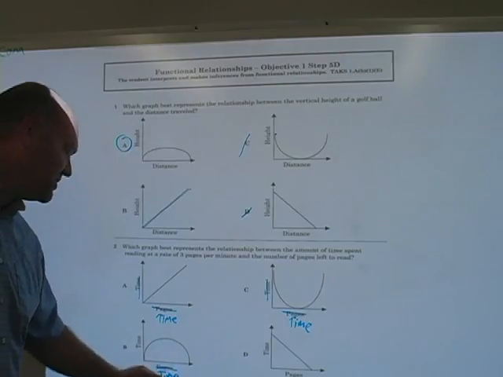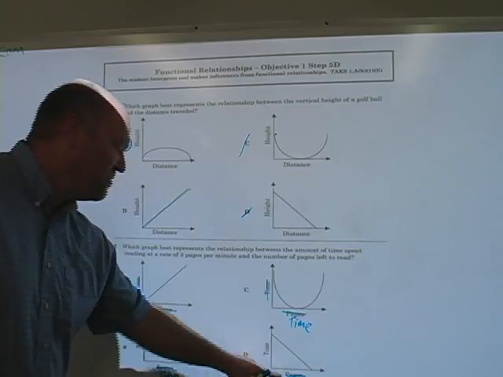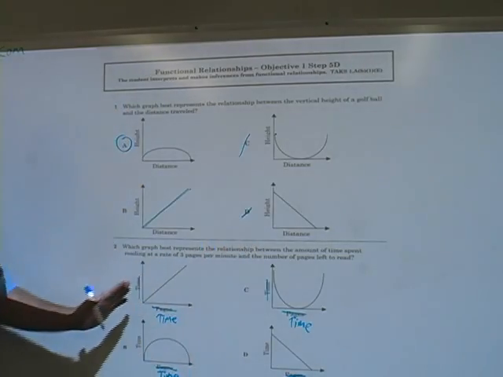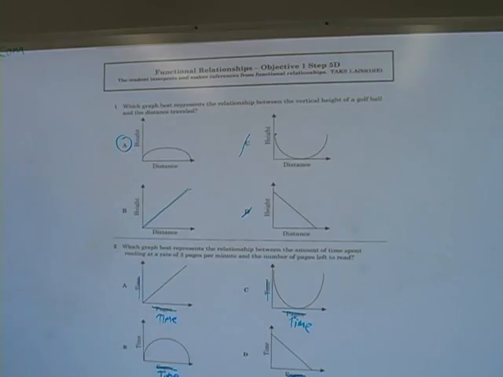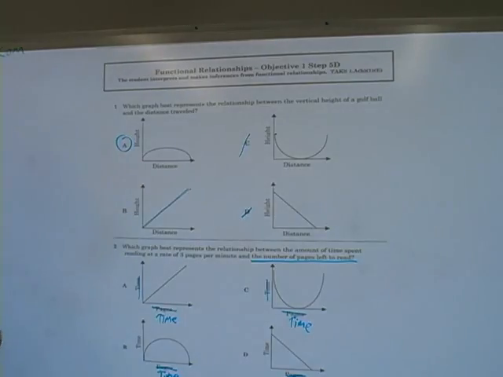And then you ask yourself, what's happening as time goes by? As you move to the right, as time goes up, what's happening to the pages? This must be decreasing, because the number of pages left to read should start out high, and then go down.